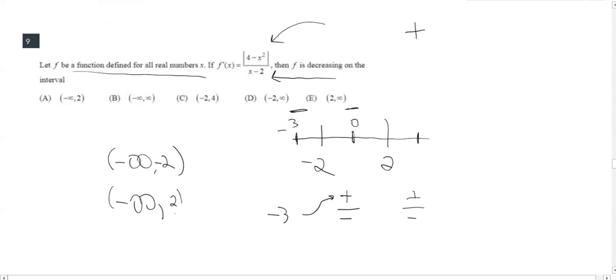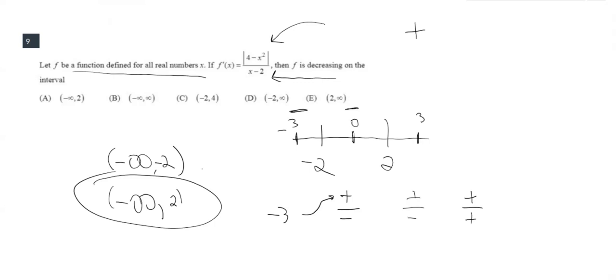Now, if I plug a number in larger than 2, let's say +3, then the numerator is positive and the denominator is going to be positive as well. So the interval -infinity to 2 is actually the answer in this case. And it's okay that the derivative is 0 at -2.